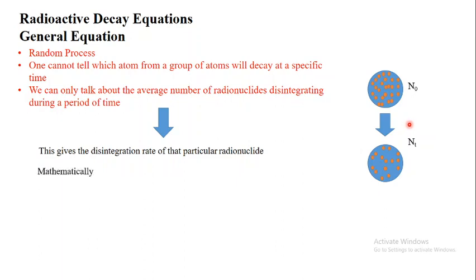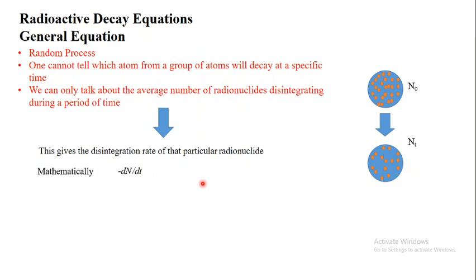Mathematically, if the total number of radionuclides at zero time is N naught, then in a certain period of time these are the disintegrated radionuclides.